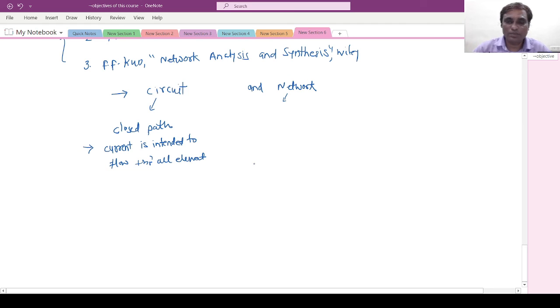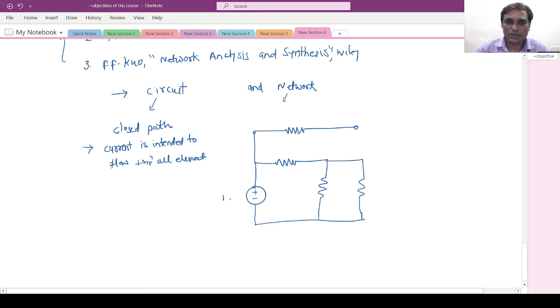Okay, for example, let me draw this. It consists of one resistor, suppose one more resistor, and one more resistor, and again I connect one more branch here. Let us take a voltage source of 10 volts, randomly I am putting the numbers.